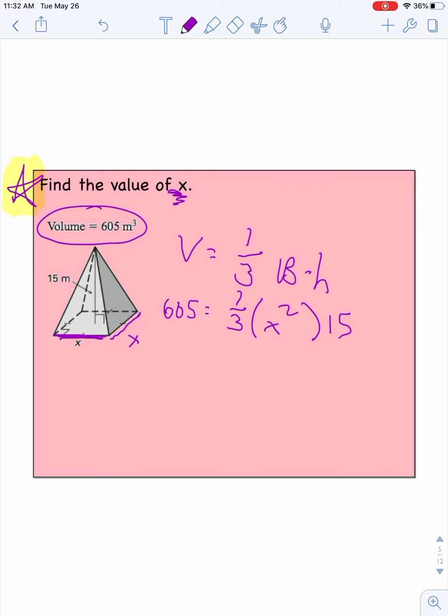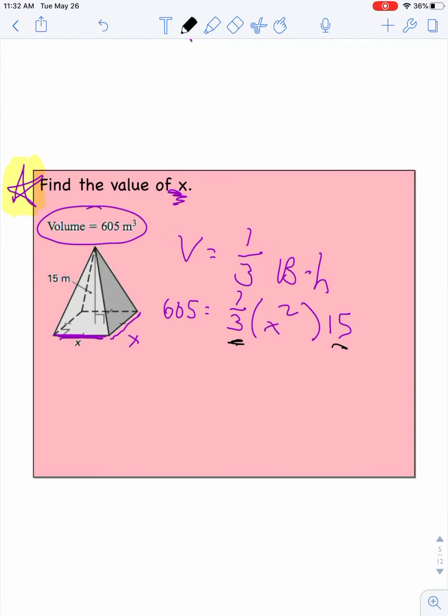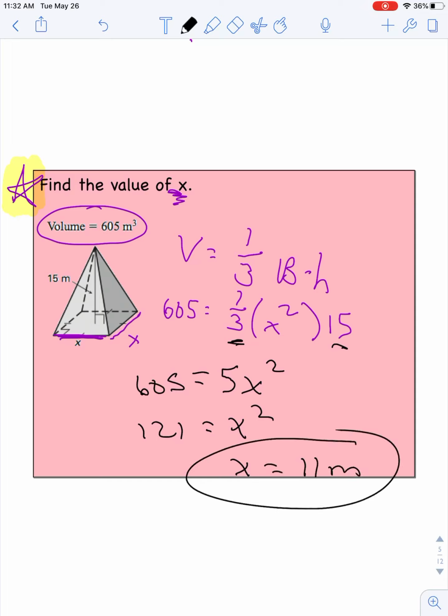Now you can multiply these three numbers in any order. If you multiply the 1/3 and the 15, that works out to be just 5, which makes it nice. So you get 5x squared equals 605. Divide by 5, you get x squared equals 121. And so your value of x is equal to 11 meters.